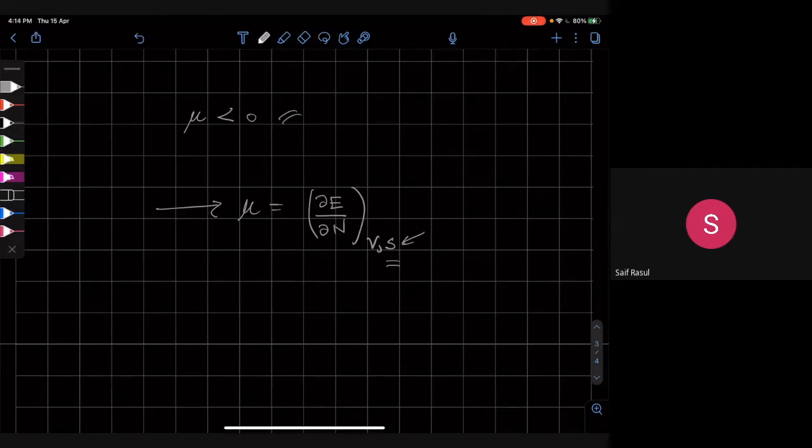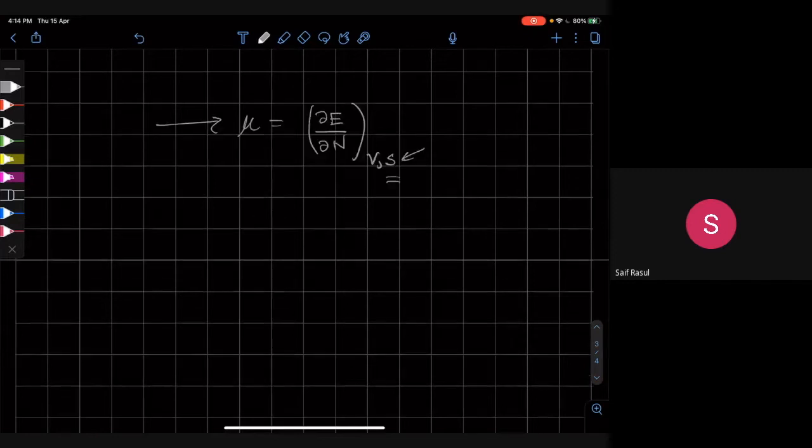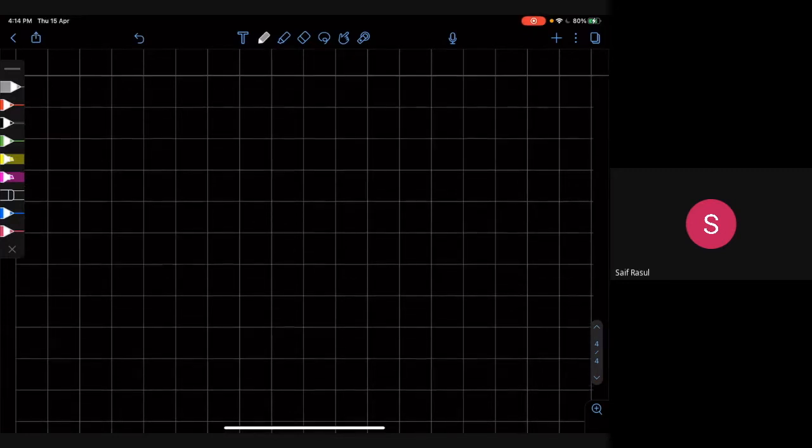All right, so before we move on to more complicated types of gas, let me describe an interesting application of the canonical ensemble.